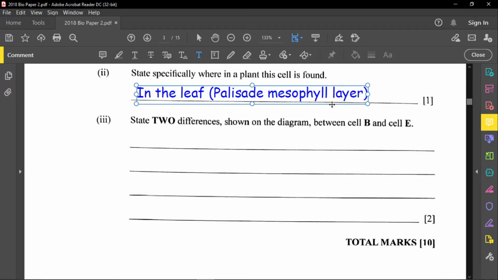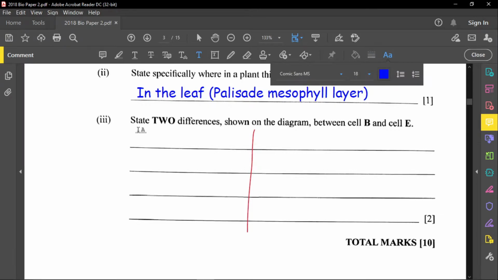And so what I will advise you to do is to draw a line along your page like this. So you create a chart, and the chart will make it easier for you to write your differences. Here we could put our cell B on this side, and over this side we put our cell E. If you look at the diagrams, you'll notice there are a number of things.